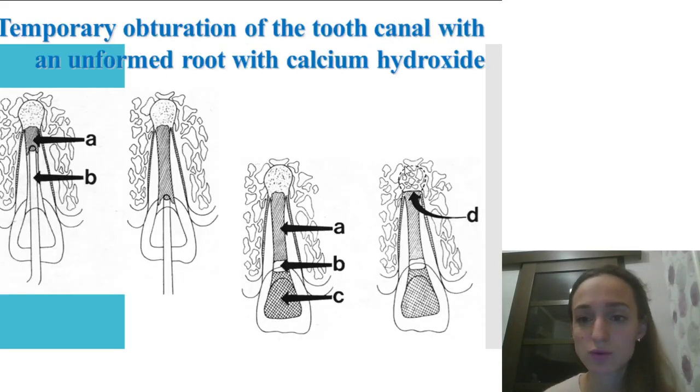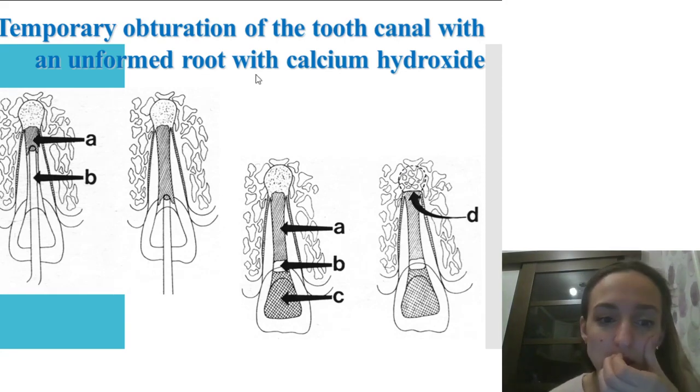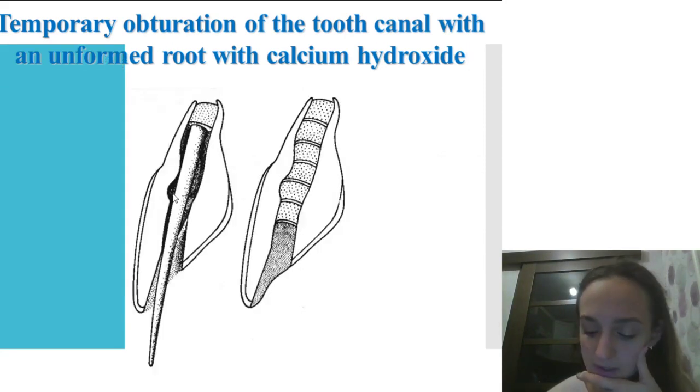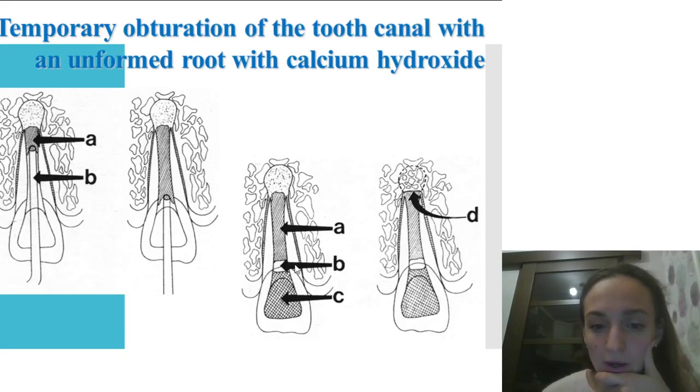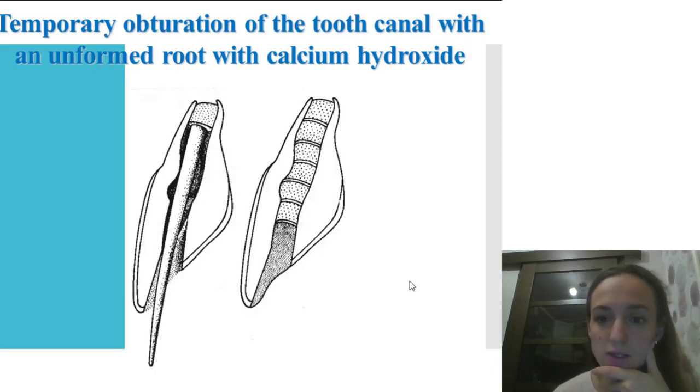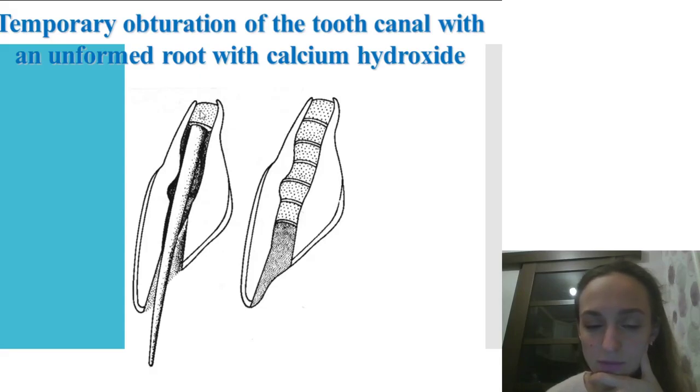Temporary obturation of the root canal with an unformed root with calcium hydroxide. So we leave 2-3 millimeters. Remember this? Sorry. So here we leave calcium, then we leave an isolation layer and filling. Temporary obturation, also 2-3 millimeters.